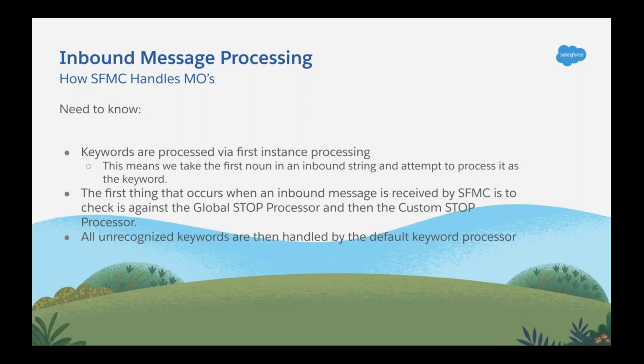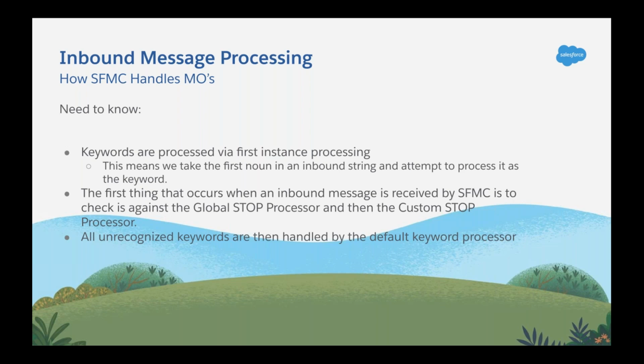All right, on the flip side, let's get deep into inbound here. So some need-to-knows here. Marketing Cloud processes keywords on something called first instance processing. This means that we'll take the first noun in a text string, so that is any set of characters separated by space, and consider that the actual keyword that we are trying to process on an inbound message.